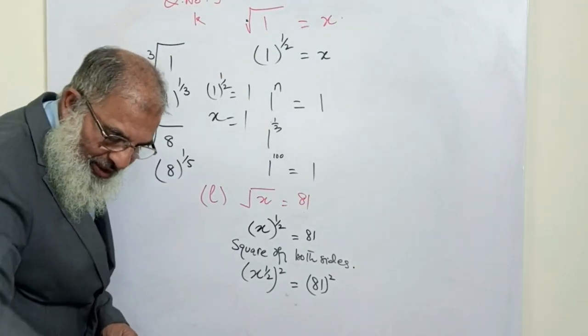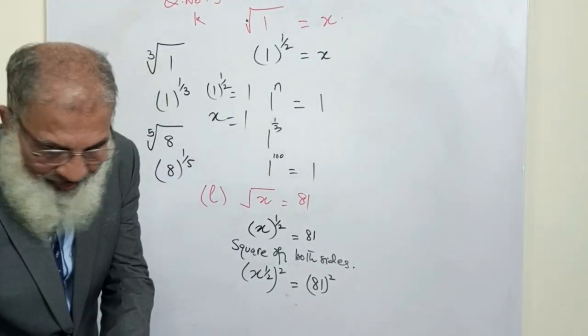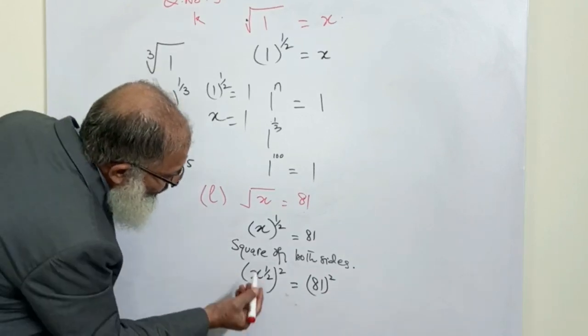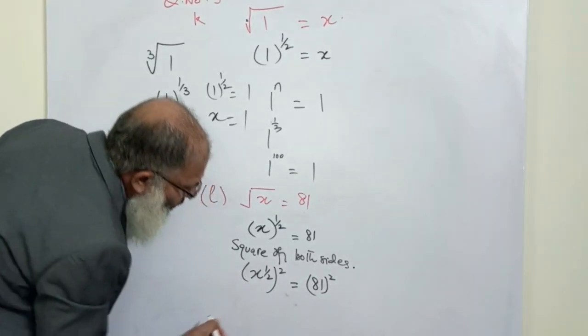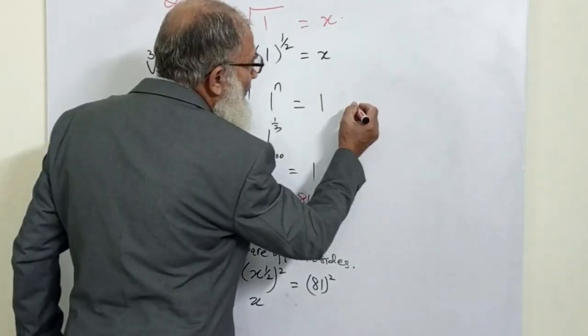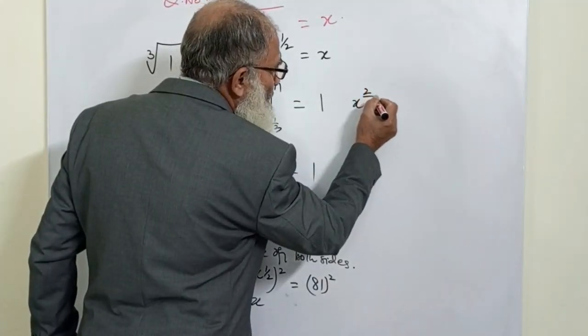Let me use a colored marker now. Now you see what comes over here, x to the power 2 by 2.